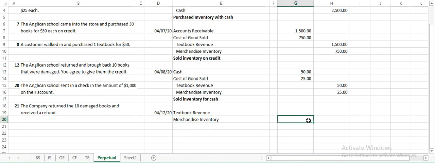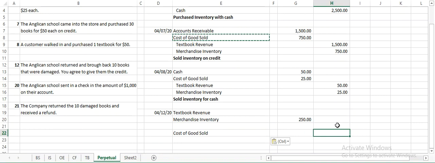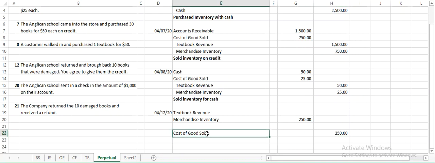The value of the inventory we received would be the $25 times 10, the 10 books we got back. So that would be $250 we received back. And like I said, always going with merchandise inventory is cost of goods sold. Cost of goods sold would then be credited for $250 to take it back out of cost of goods sold, because technically it's not sold. If it's not sold, it doesn't belong in that account, so it's credited, the opposite, to take it back out.